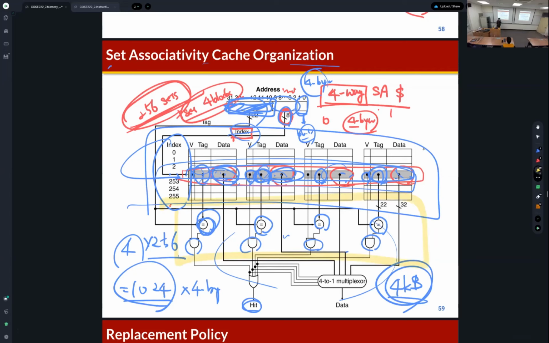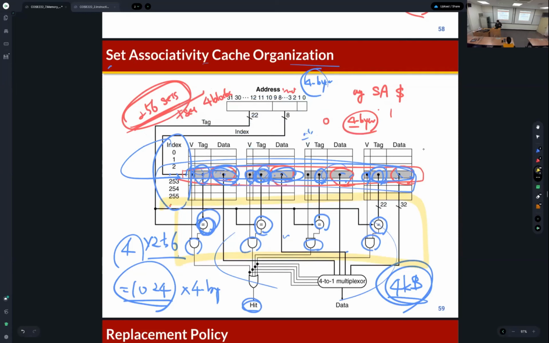Another thing, when the address is given to this cache, we can access the target set using the set index address field. In this address field, the address bits from 9 to 2 are used as the set index of the cache.